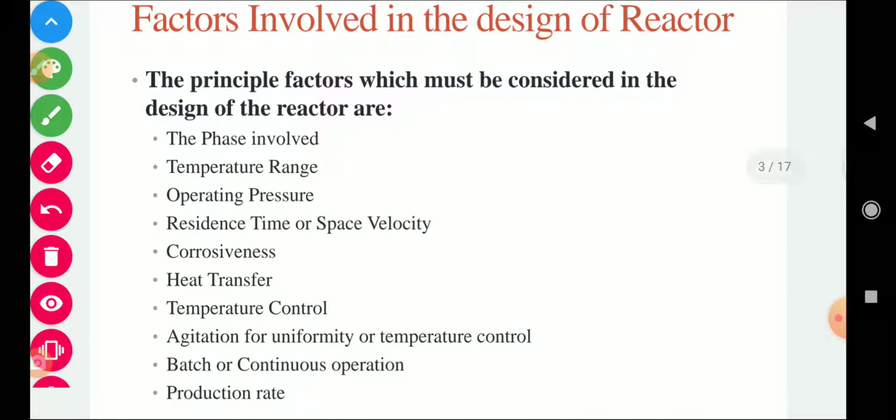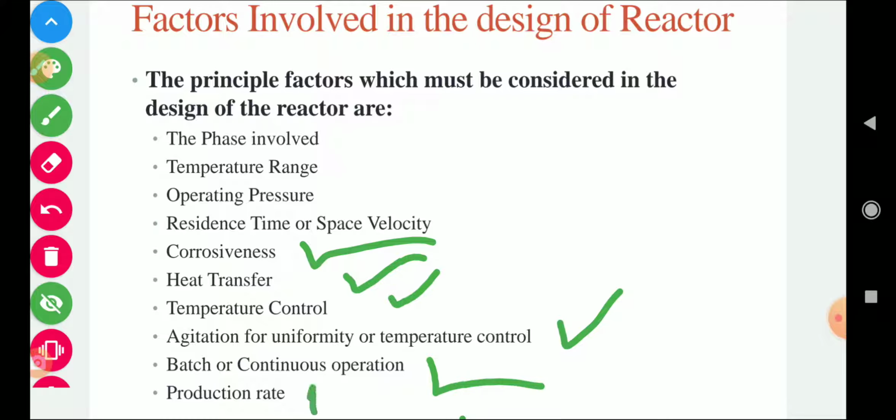The important factors are the number of phases present, whether the system is uniform or multi-phase, like solid-gas, solid-liquid, etc.; its operating temperature and pressure; residence time or space velocity; whether the reaction mixture is corrosive or non-corrosive; the amount of heat required during the reaction and the temperature control; agitation for uniformity or temperature control; batch or continuous process; and total production rate.